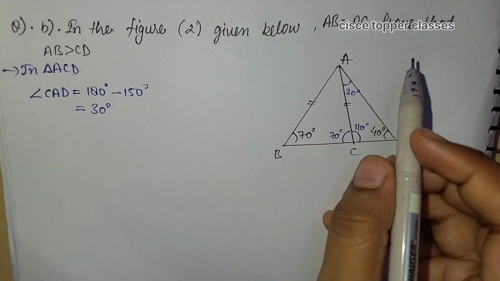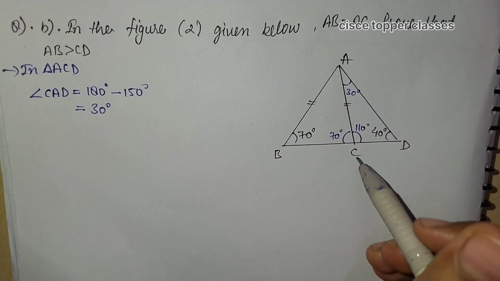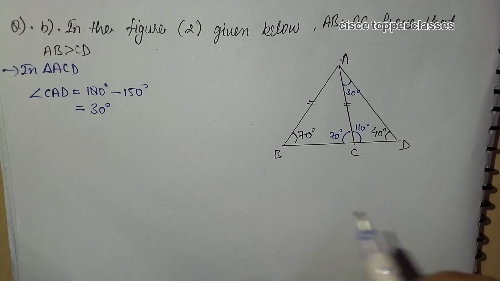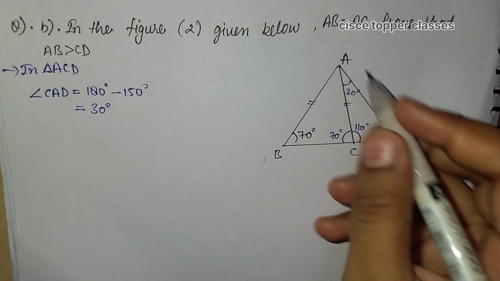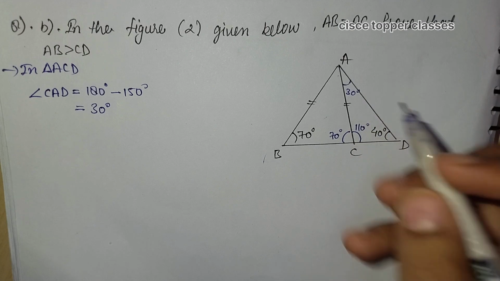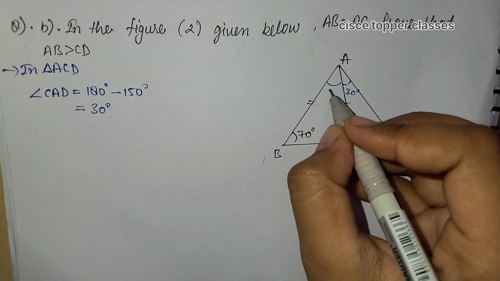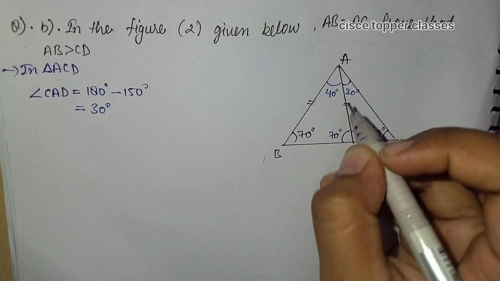Now we have to prove that AB is greater than CD. So simply we can see that in this whole triangle we will find the value of this also. So this value will be 70 plus 70, 140, and here 180 minus 140 will be 40 degree.